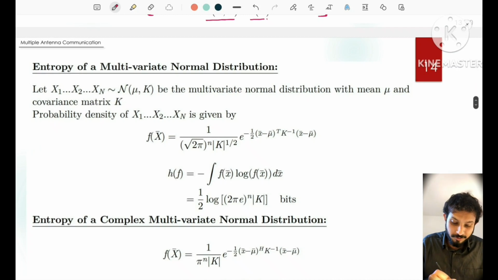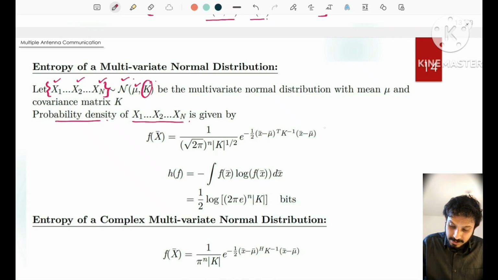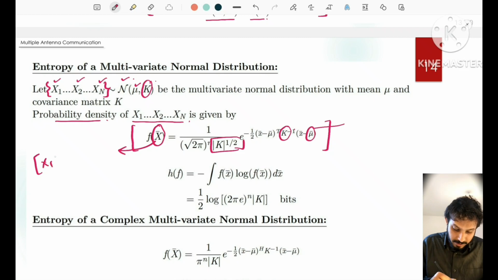So next is the entropy of the multivariate normal distribution. Let's say we have a set of random variables x1 to xn that is distributed according to the normal distribution with mean mu and covariance matrix K. Then the PDF of x1, x2, xn is given by this form, which is a function of the mean mu bar and the covariance matrix, and this x bar is a vector containing x1, x2 up to xn.